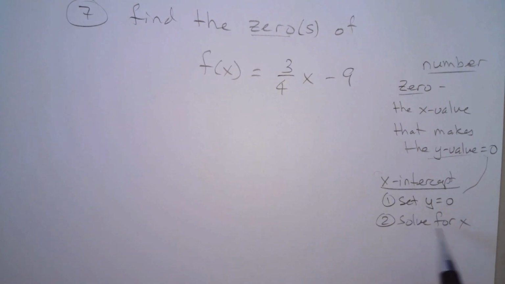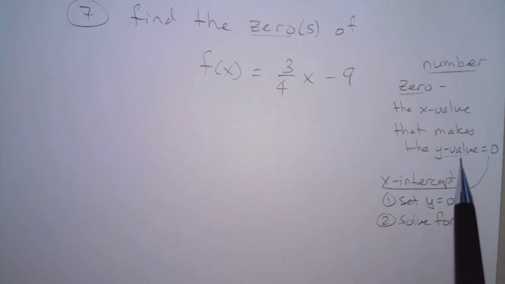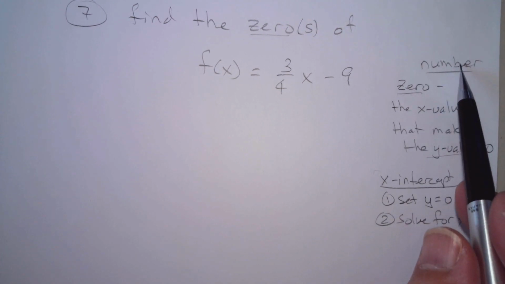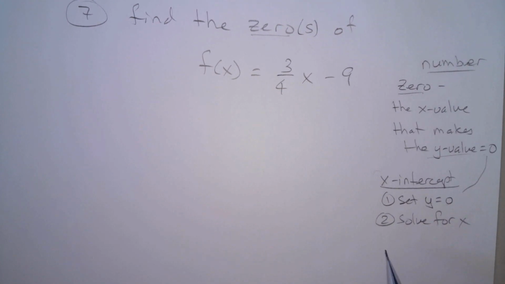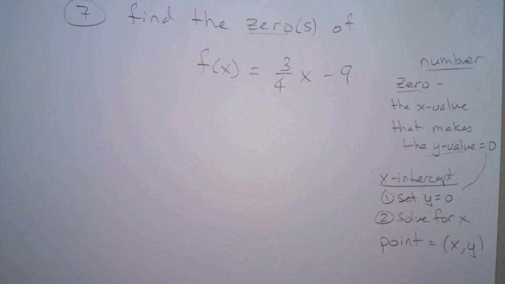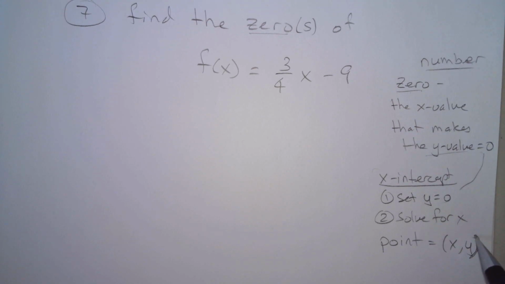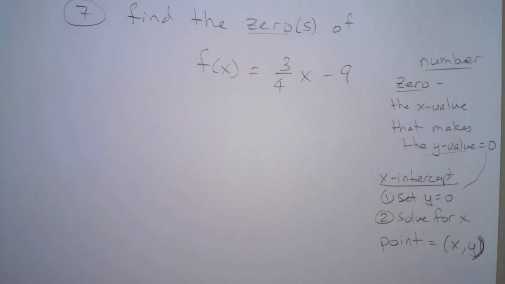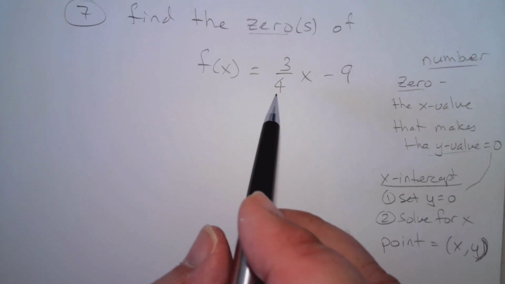Again, these are the x values to make it 0. The difference is the 0 is a number. The x-intercept is a point. It's a location. Right? So let's look at our example here.